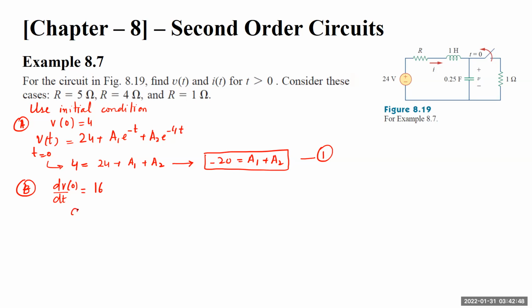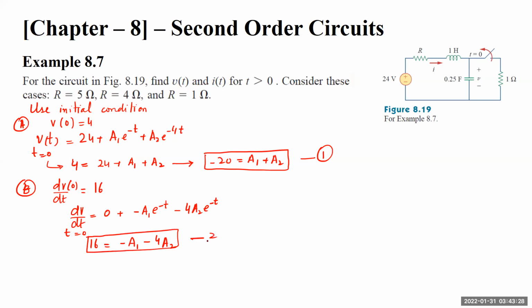So we get dv by dt: 24 becomes 0, plus minus A1 e raised to power minus t minus 4 A2 e raised to power minus 4t. Now put t equals to 0, it becomes 16 = minus A1 minus 4A2. So this is my second equation.